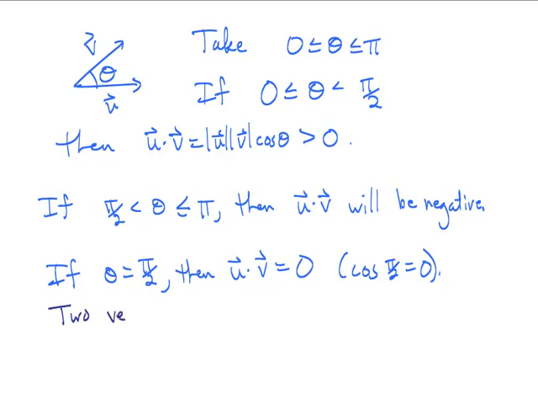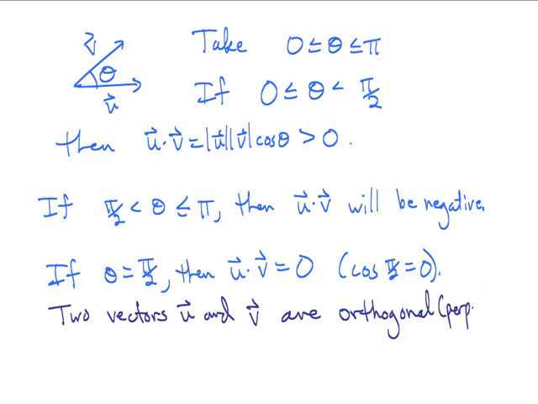We'll say two vectors, and we'll call them u and v, we'll refer to them as orthogonal. It's a little bit more general of a term, but whenever you hear the word orthogonal, you can think of perpendicular.